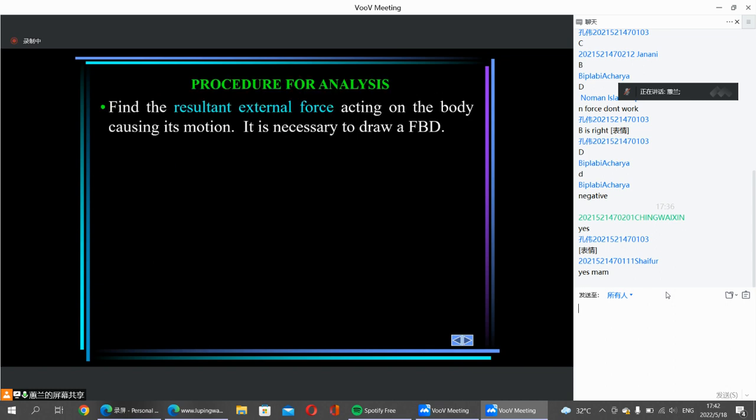How to find the power and the efficiency? We still have procedures to follow. First, we need to find the resultant external forces acting on the body, holding its motion, so it is necessary to draw a FBD. We need to know how many forces, and what kind of forces, are on the particle or system of particles.